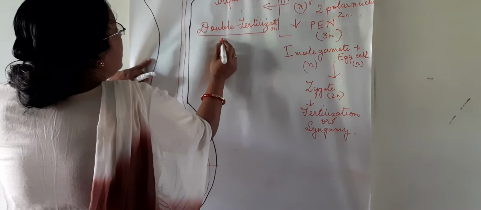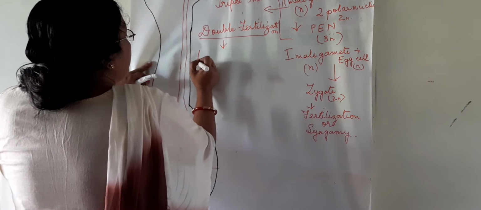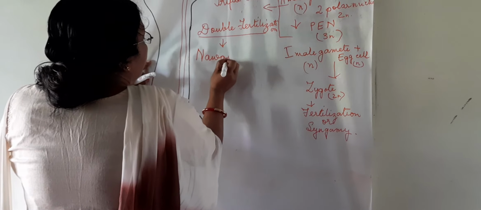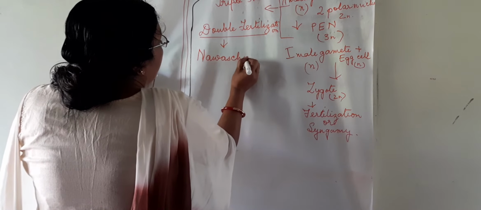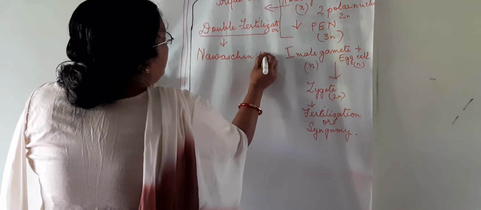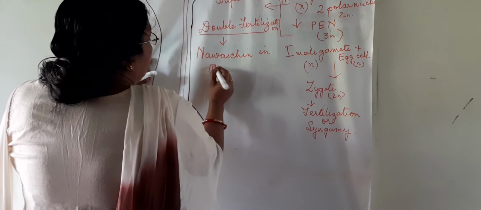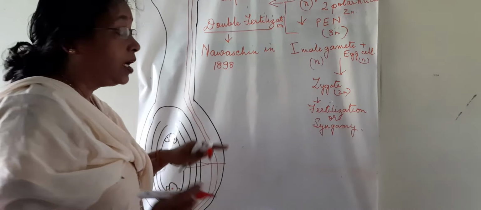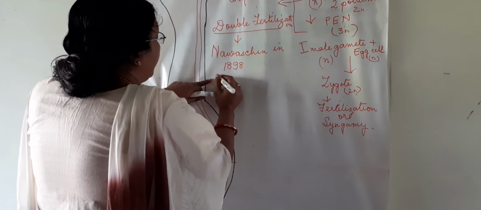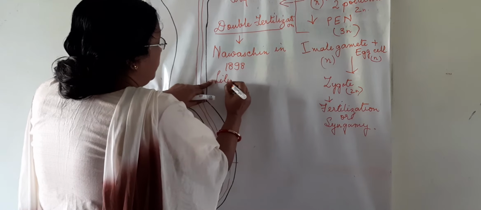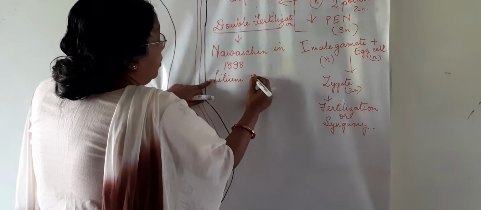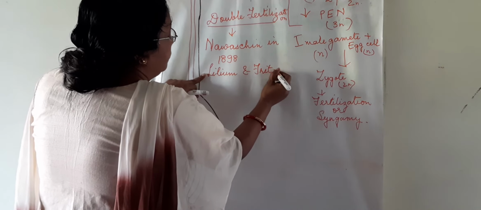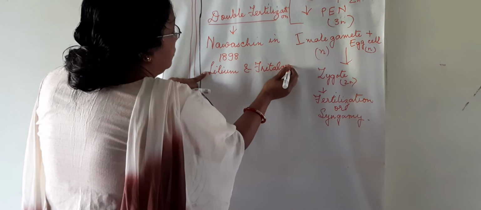Now this was discovered and studied by Nawaschin in the year 1898. He studied this in two plants, that is Lilium and Fritillaria.